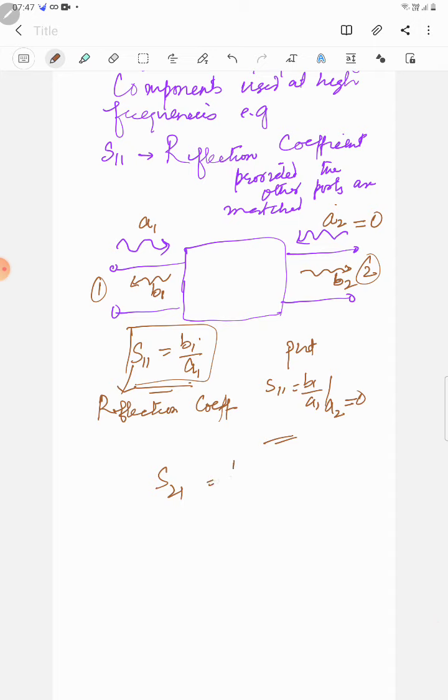S21 would be B2 by A1. This B2 is this wave, A1 is this wave. So B2 by A1 simply represents the gain or loss, the ratio of output to input. That's what I said. These parameters give useful information about the properties of the components used at microwave frequency.